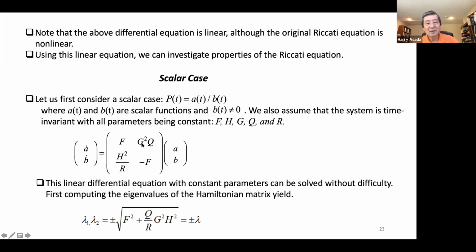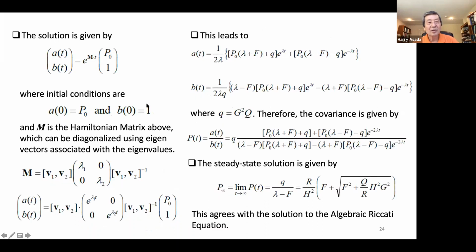So let me denote this Hamiltonian matrix as M. If this is M, the solution can be written this way. Here, variable A's initial value is set to be P naught, and variable B's initial value is set to be 0. So this shows the initial conditions, the initial state.